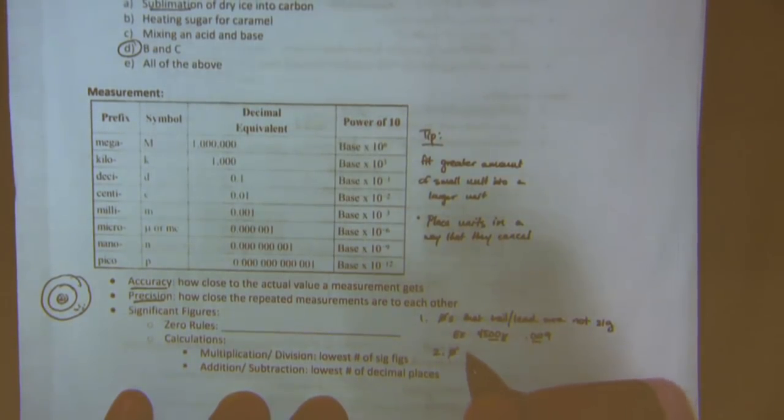Zeros within significant figures are significant. So for example, the zero that's between these significant digits would be, so this would have 5. I said trailing zeros are not significant unless we're denoting a quantity.